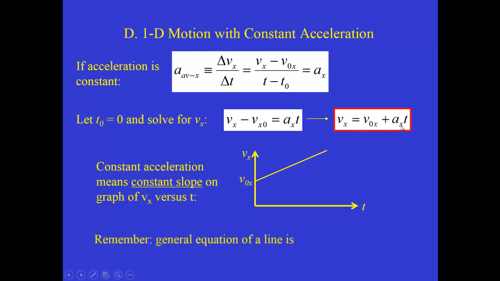Remember, we know that it looks like this because the general equation of a straight line, y equals ax plus b, where a is the slope and b is the intercept, has the same form as what's shown up here in the red box, except the variables, instead of being y and x, are vx and the time t. So the fact that that's a straight line is no surprise.